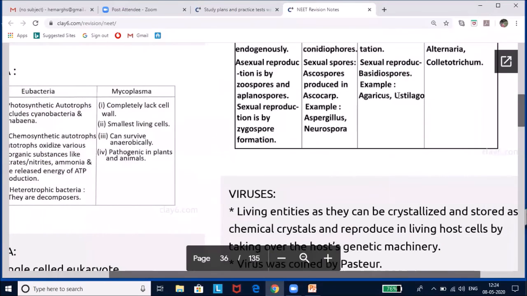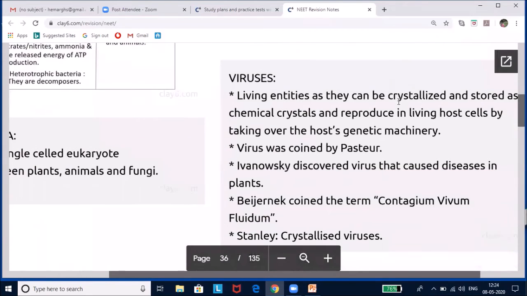Now let us look at viruses. Viruses, viroids and lichens are not included under Whittaker's classification, so they have been given at the end of the lesson for you to have an idea. Now, amidst this COVID, we all are aware of the word virus and how fatal it could be.